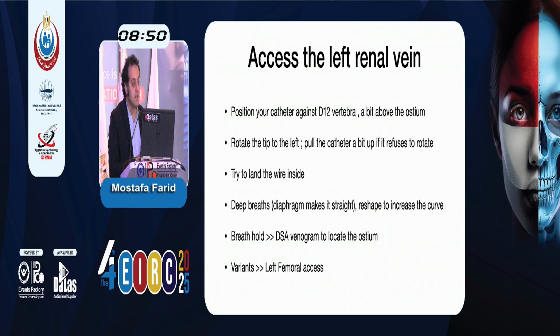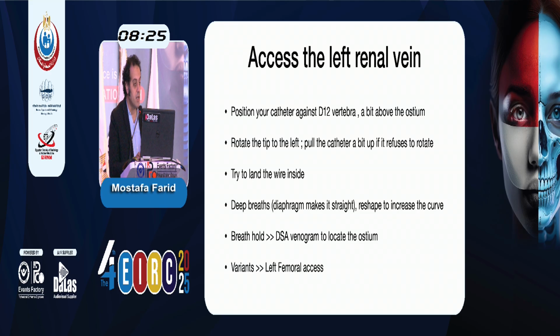After accessing the internal jugular vein and reaching the IVC, your goal now is to access the renal vein. And this is not very easy because our catheters, like the Bernstein catheter, are a little bit straight, and anatomy is always tortuous and curvy.